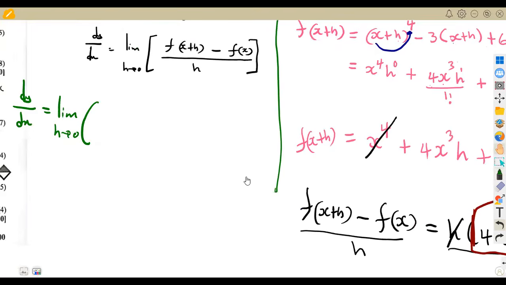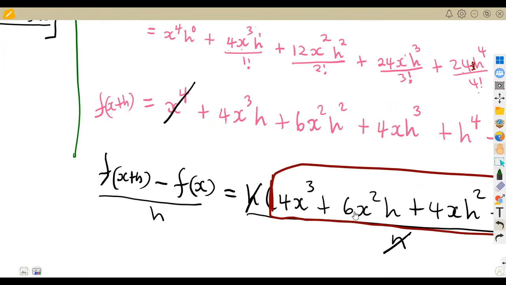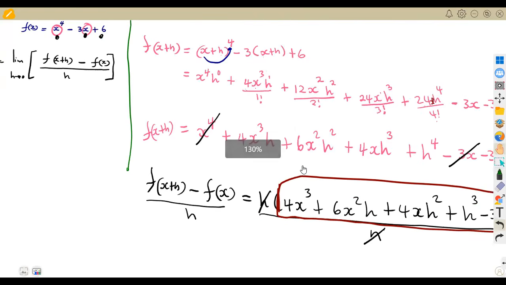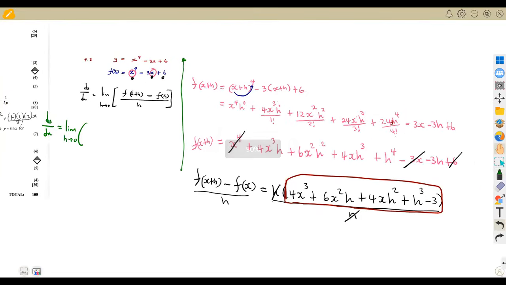So we are just taking this as it is, which is 4x to the exponent of 3, this and that. Let me just try to minimize this one. This one as it is. We are now substituting in place of what? In place of this. So you're going to substitute as it is, which is 4x to the exponent of 3 plus 6x squared h. So this is 6x squared h. Plus 4xh plus 4x h squared.